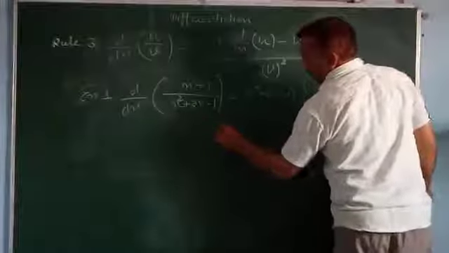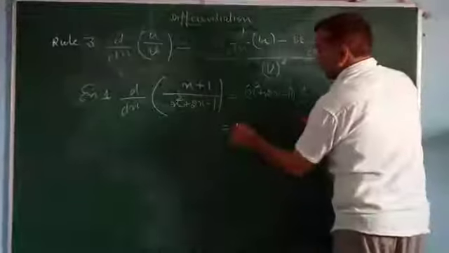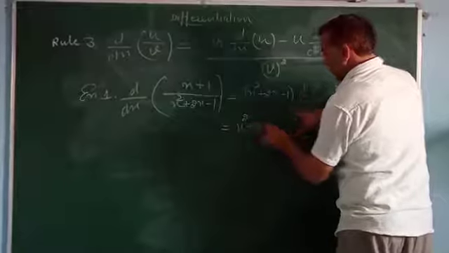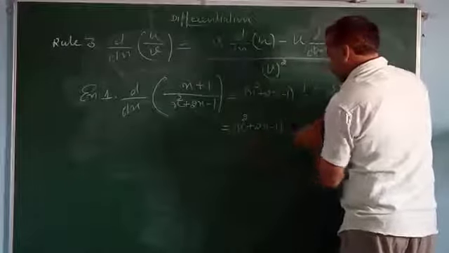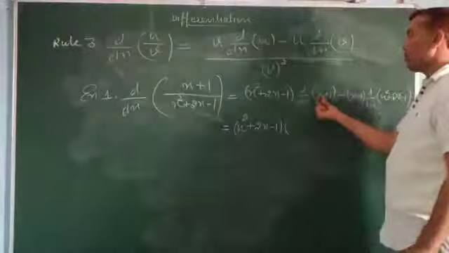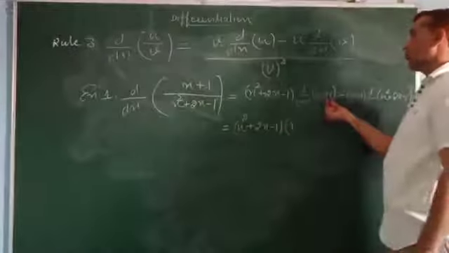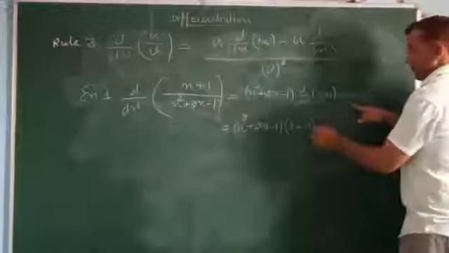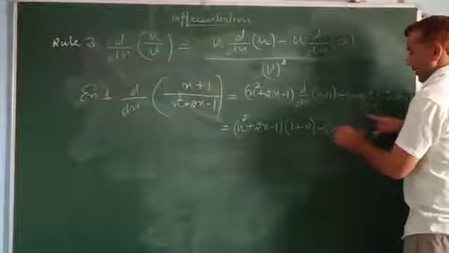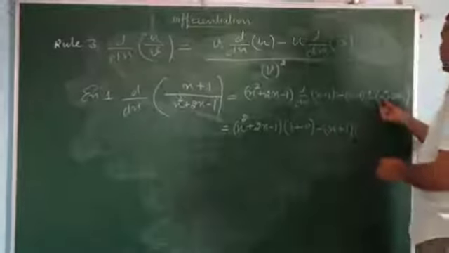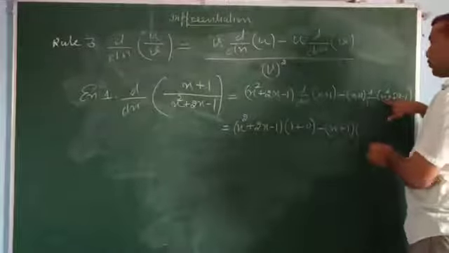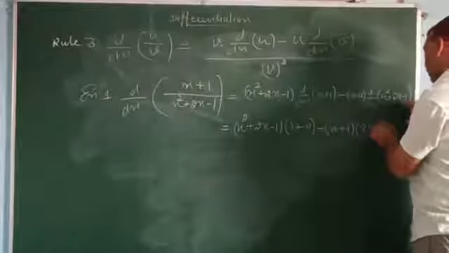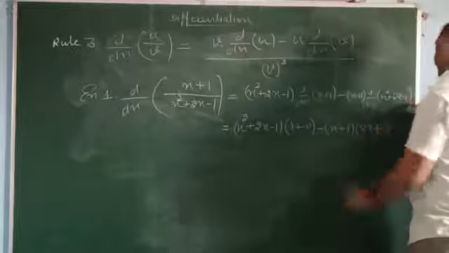It will be equal to x square plus 2x minus 1 into derivative of x plus 1. That will be derivative of x will be 1 and derivative of 1 will be 0. Next, minus x plus 1 into derivative of x square plus 2x minus 1 will be, derivative of x square will be 2x plus derivative of 2x will be 2 and derivative of minus 1 will be 0.